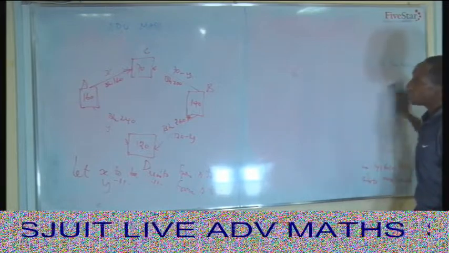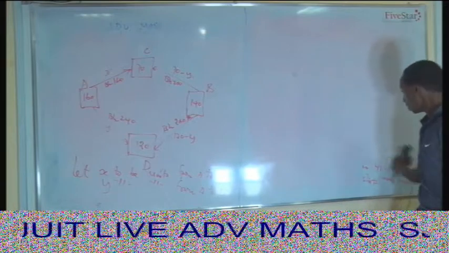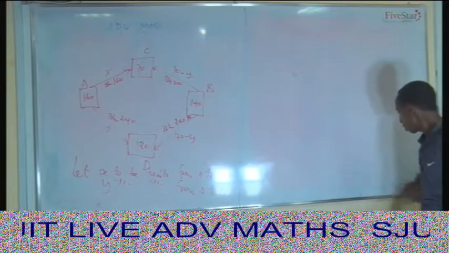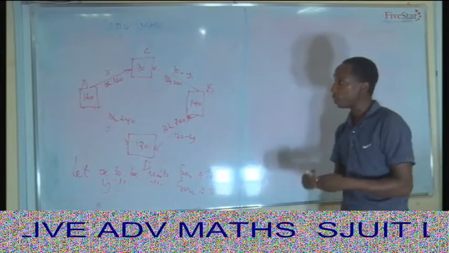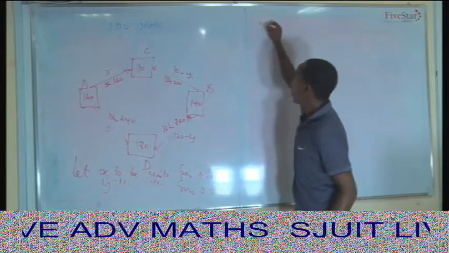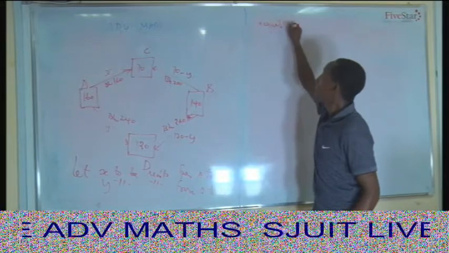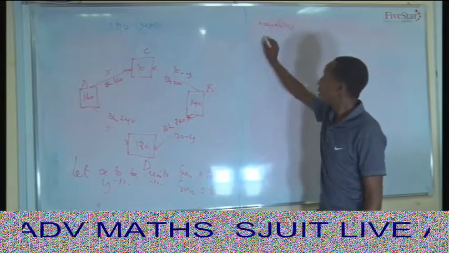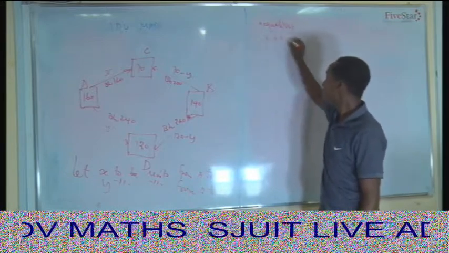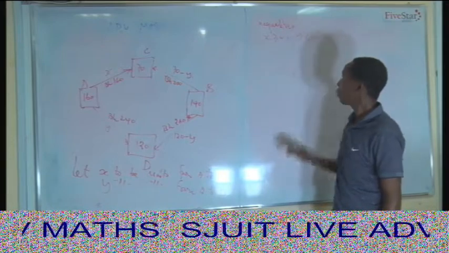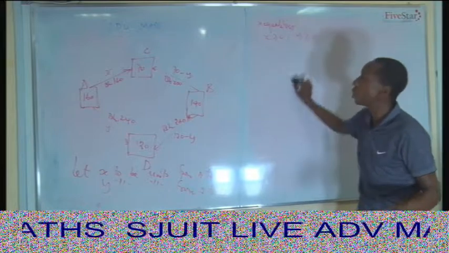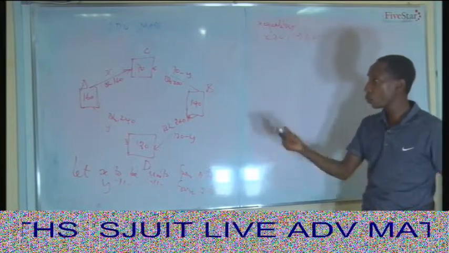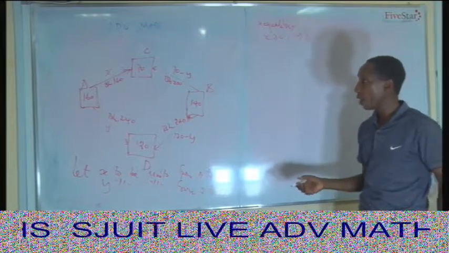Of course, since there is no negative unit that is transported, each variable x and y is supposed to be positive, so the inequalities are x is greater or equal to 0 and y is greater or equal to 0. That means there is no negative units which are transported from either factory to any warehouse.